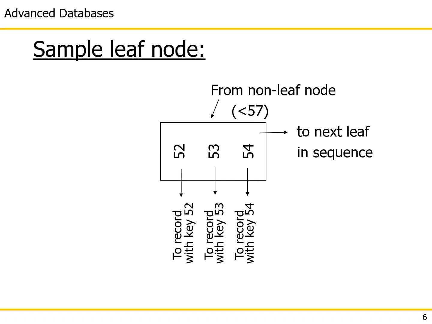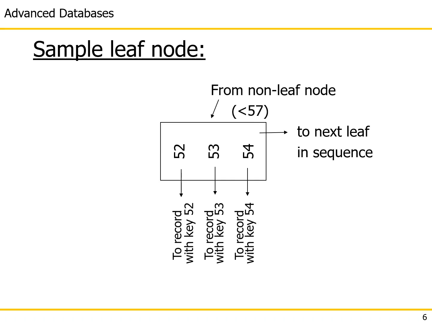So here is a sample leaf node in a B+ tree. Remember from your early tree education, a leaf is the node that exists at the bottom of the tree that does not have children. So this is how the leaf will look.